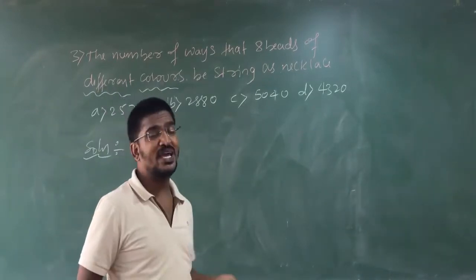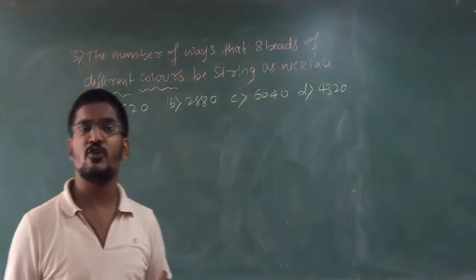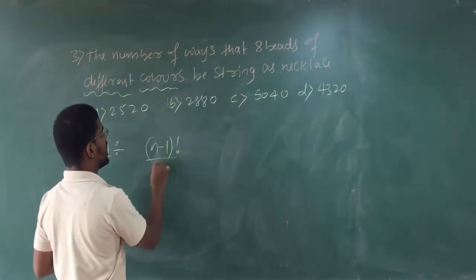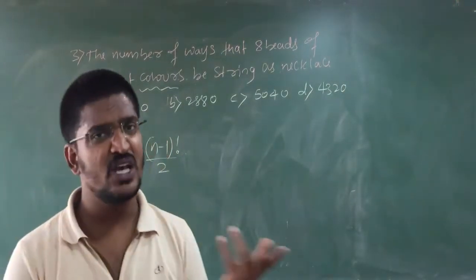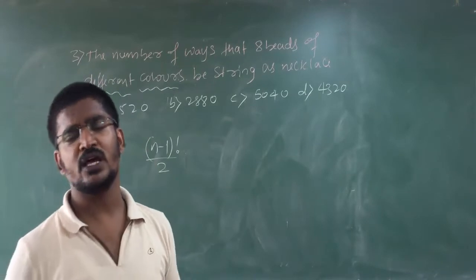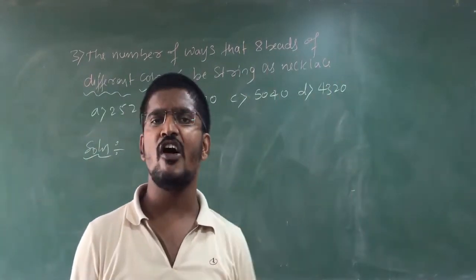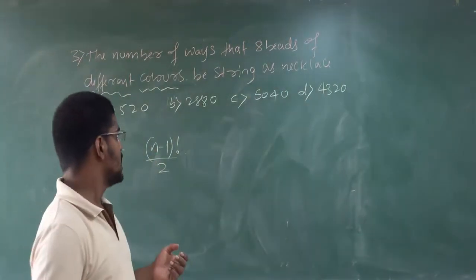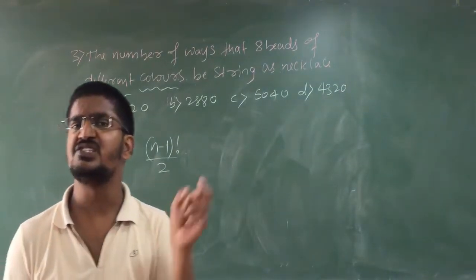Now you are solving a necklace problem. So you all know for a necklace problem, circular permutations are n minus 1 factorial divided by 2. Anyways, clockwise, anti-clockwise is not mentioned. If clockwise, anti-clockwise are mentioned, then we have to concentrate on order. But no problem, it is not given. So directly they are asking the total number of permutations of arranging beads in the necklace.